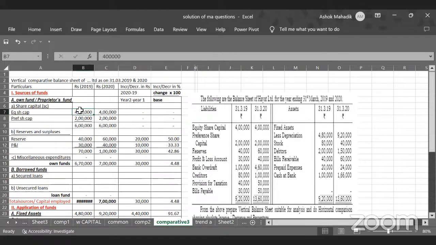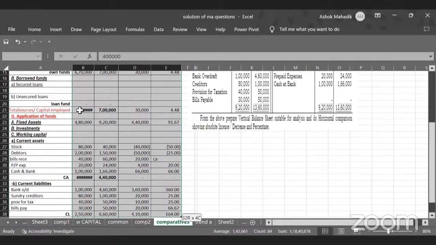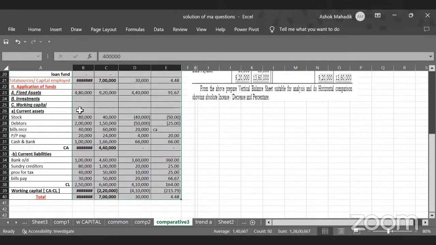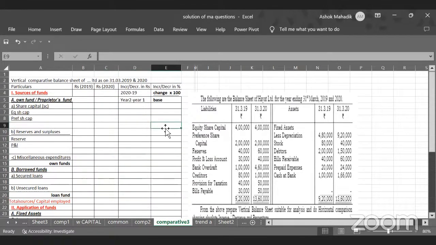Wait, I'll just remove all the values so that we solve it again. I'll get a blank format.